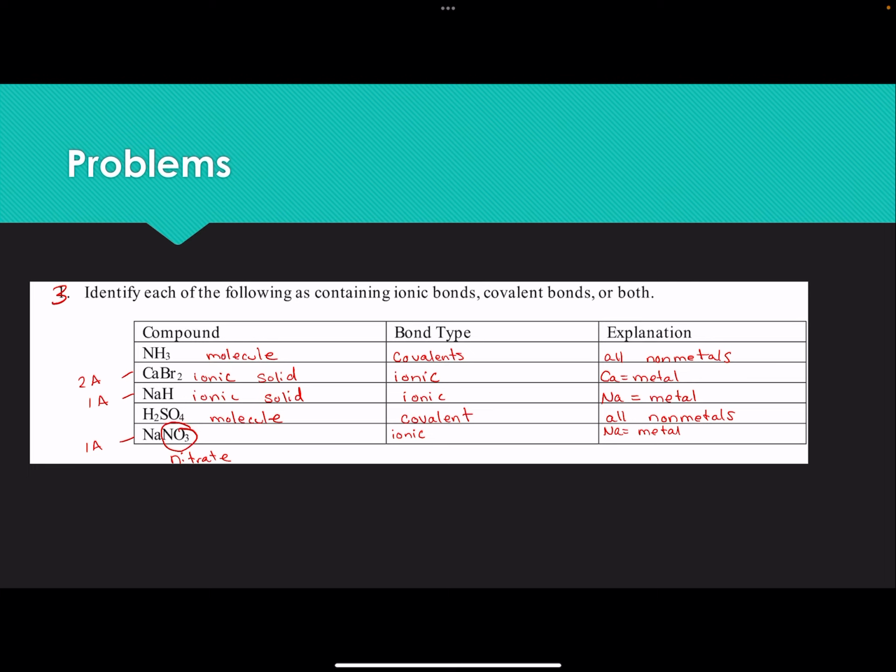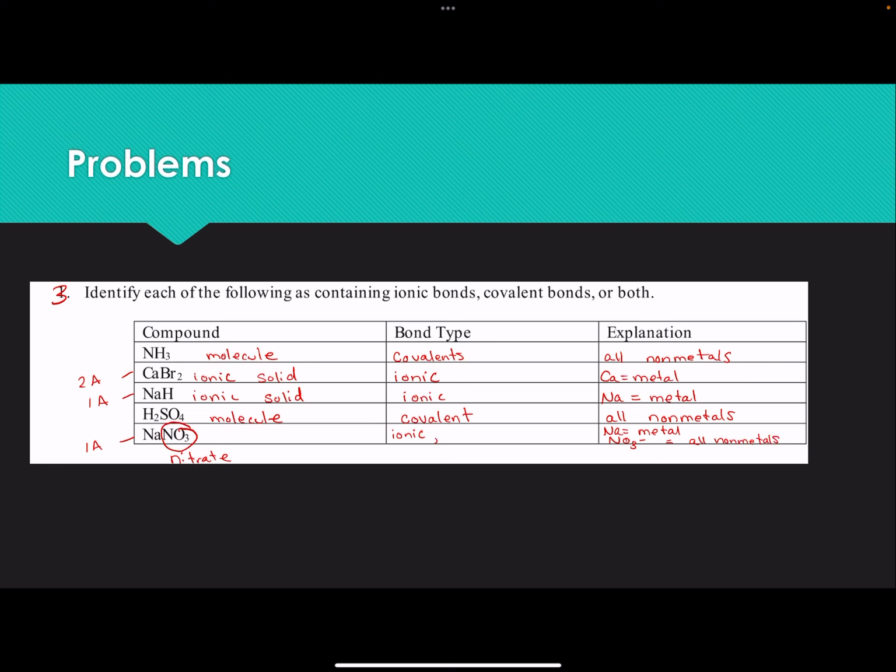However, that nitrate unit consists of bonds between nitrogens and oxygens. It's a polyatomic ion. Polyatomic ions are groups of atoms held together typically by covalent bonds. Nitrogen and oxygen are nonmetals, so that NO3- is all nonmetals.